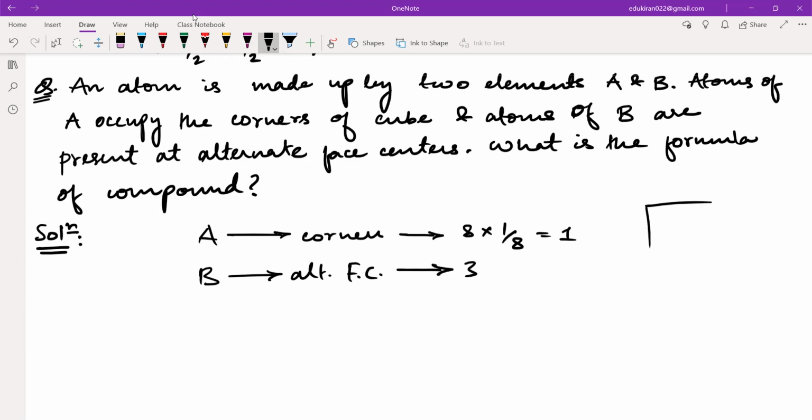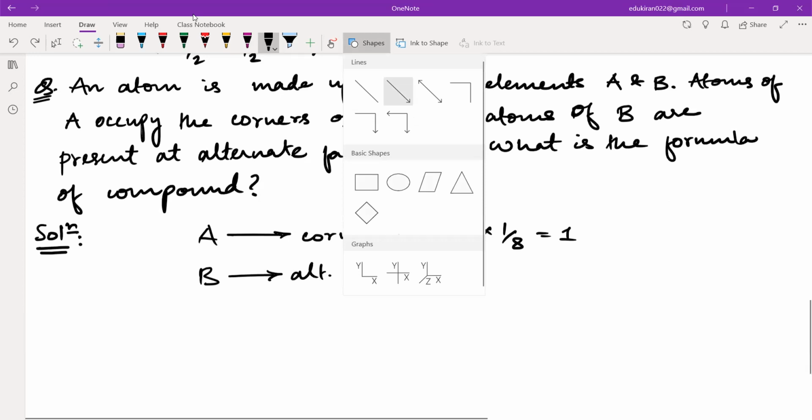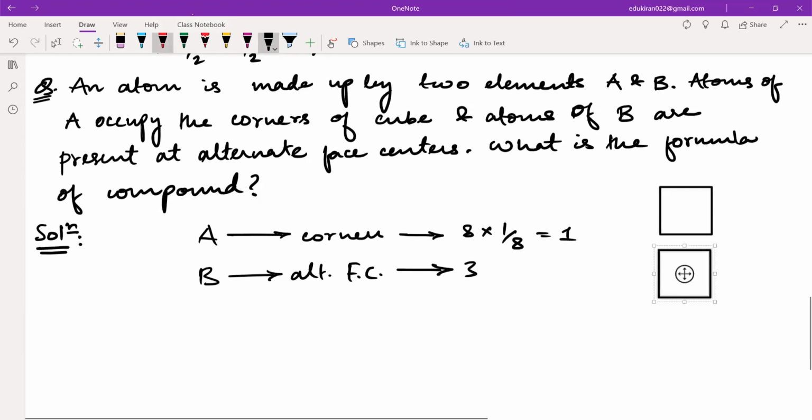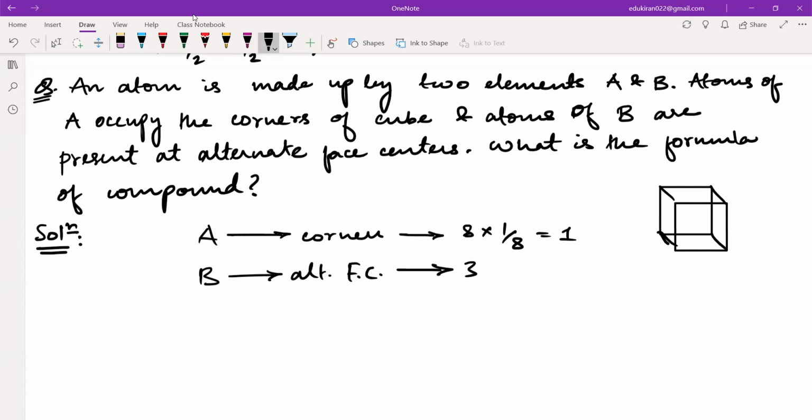Let me make a... okay. So if you look here, let us put one atom in the ceiling.